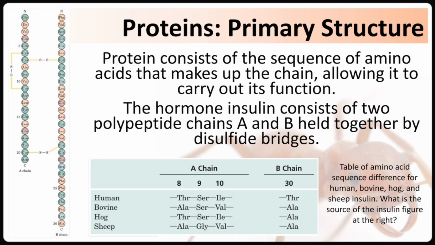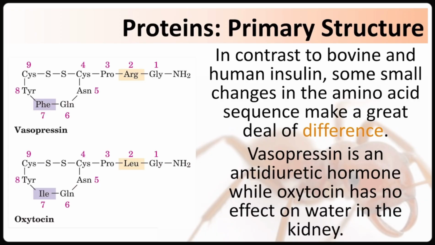Now, what does that imply? What happens when there are slight differences in amino acids? What does the previous slide imply? If there are slight differences in amino acid sequence, the primary structure changes. Again, when there are slight differences in amino acid sequence, the primary structure changes.